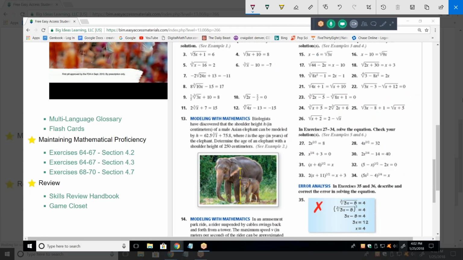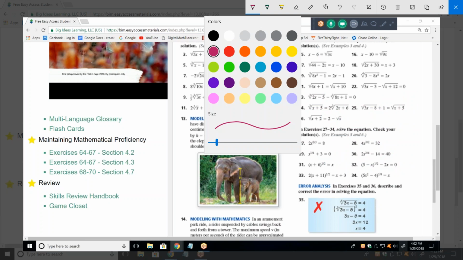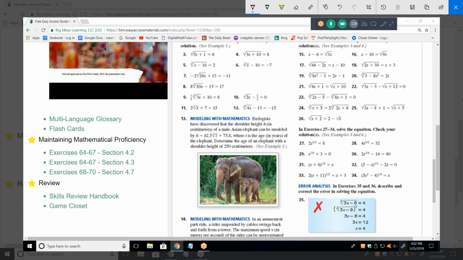Okay, next problem. It is 22. Next, first step. So where's 22? There.